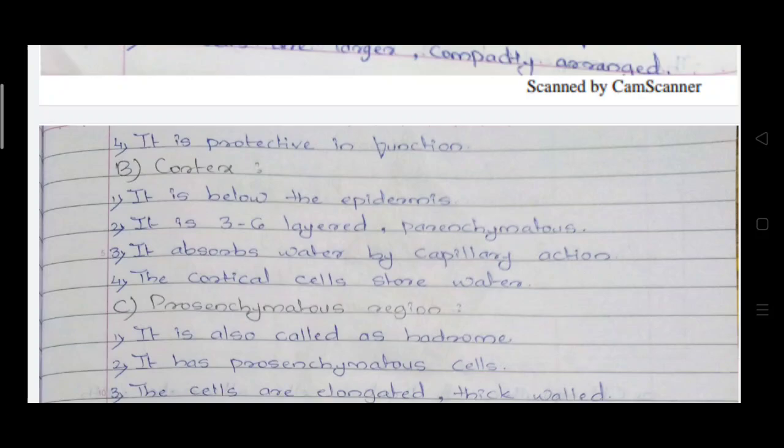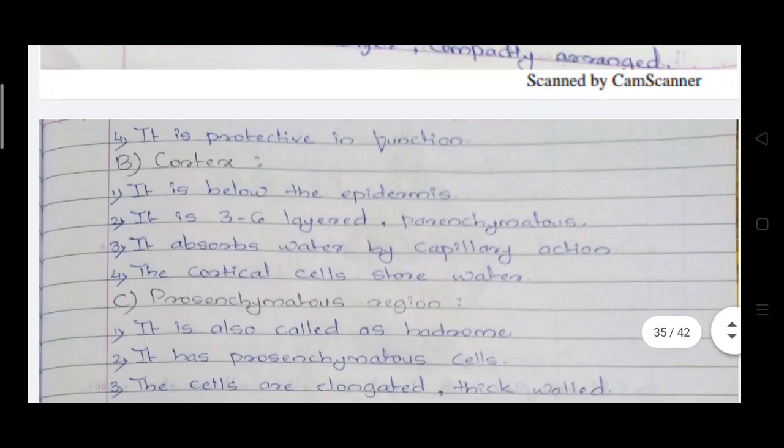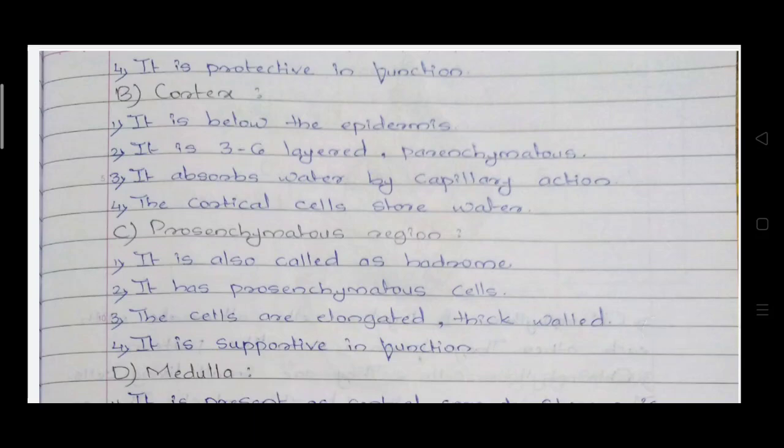Then next to the cortex region, on the inner side of the cortex, there is the prosenchymatous region. This prosenchymatous region is also called the hadrome, and it is made by prosenchymatous cells.